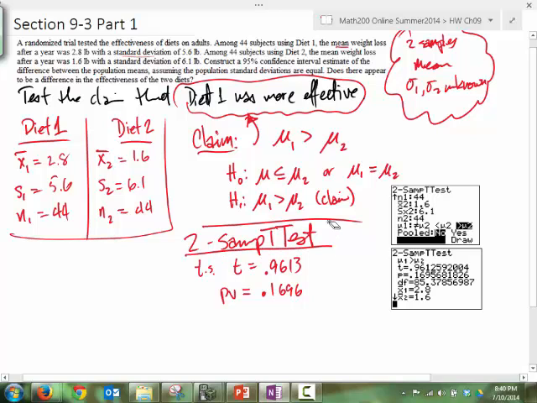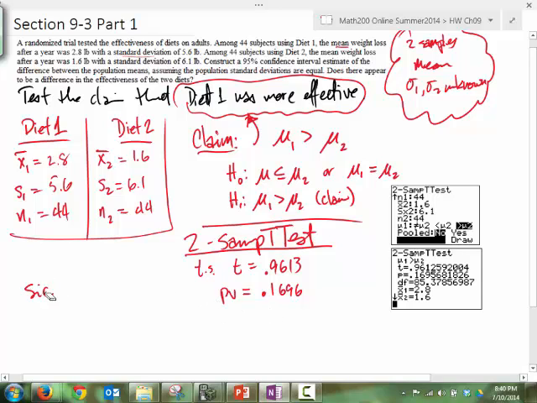P-values, 4 decimal places. The test statistic for 3 or 4. 4 decimal places is better. So if you're doing this, what I would like you to write down is that you used a 2-samp t-test and then write down your test statistic and your p-value. And then from here, we make our conclusion.